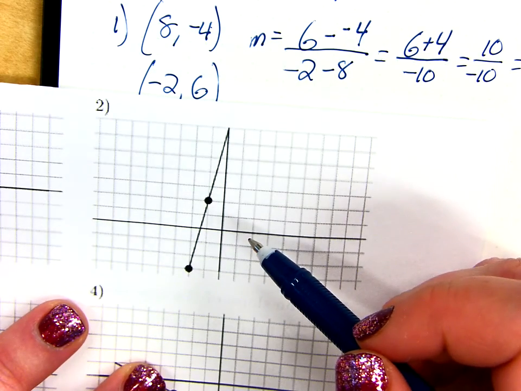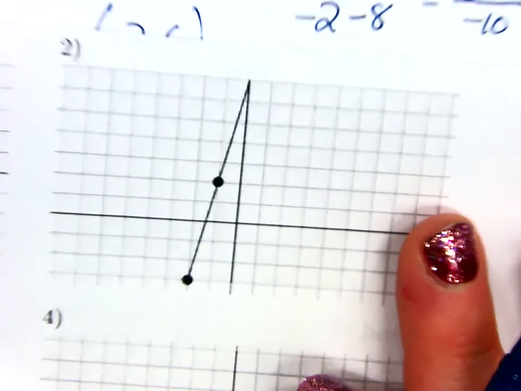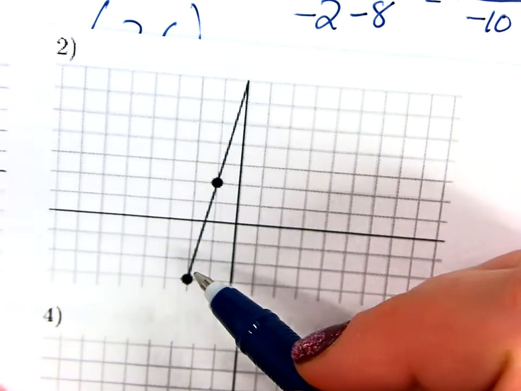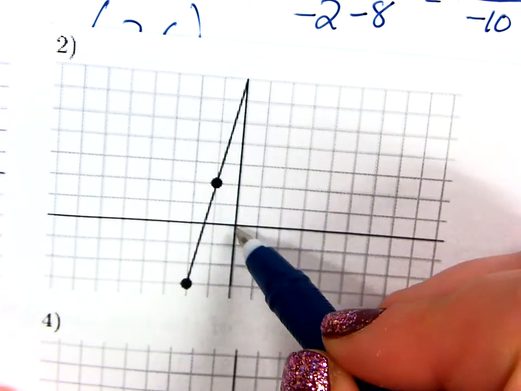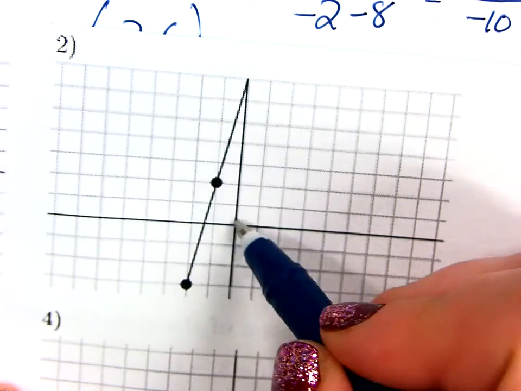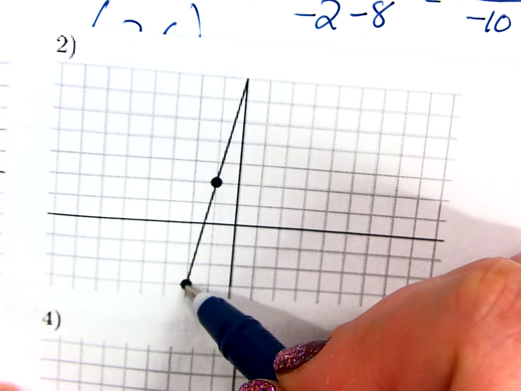Sure, go super fast. If you have a graph and you have 2 points that are labeled sort of nicely like this, remember that slope is just rise over run. So without having to figure out what these ordered pairs are, which you totally can, I have one of them at -1, 2, and another one at -2, -3.